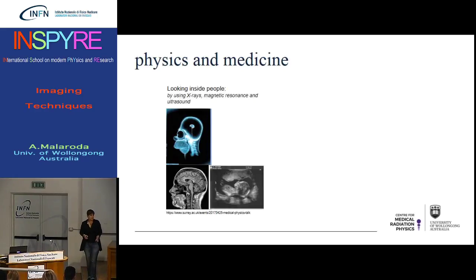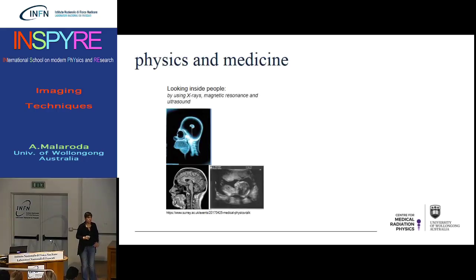Which imaging technique do you know, apart from X-rays? Any volunteer? For sure you know ultrasound, magnetic resonance images. And what they all have in common, X-ray, CT, MRI, ultrasound, is that they give you a picture of an object inside a person or an organ inside a person.